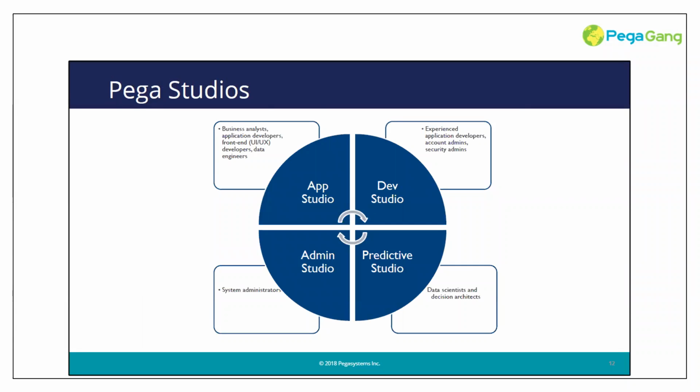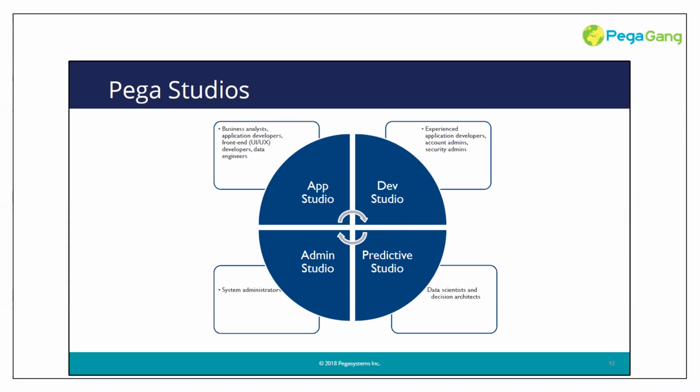And Pega comes in 4 variants, the studios. So the first one is App Studio. In App Studio, it's more of the business architects who are going to use it. You can see the business analysts, the developers, the UI UX developers, and the data engineers will be working on the App Studio.